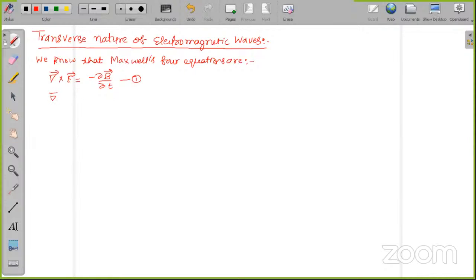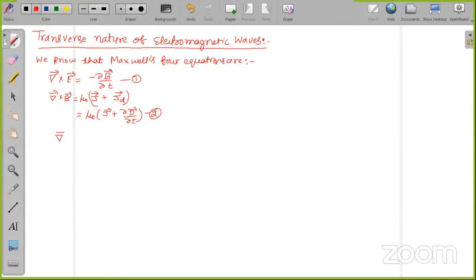Second one is this, del cross B is equal to J plus JD. It was, I think, mu naught outside, which could also be written as mu naught into J plus curly D by curly T. This was Maxwell's second equation.